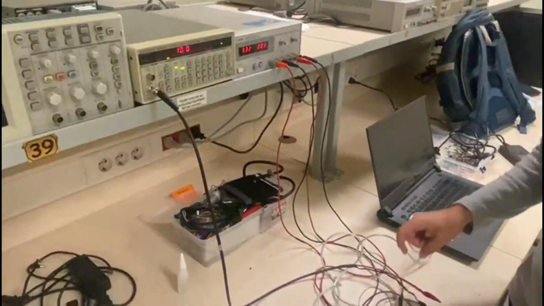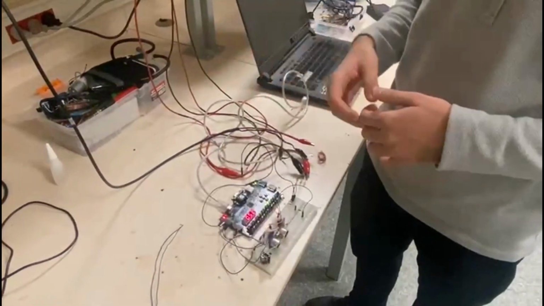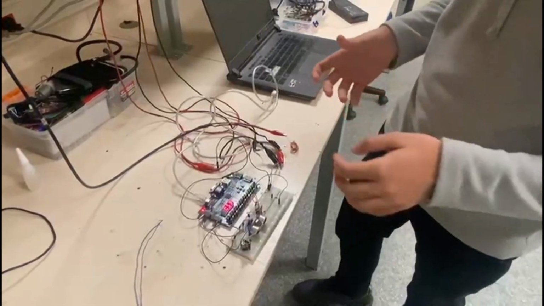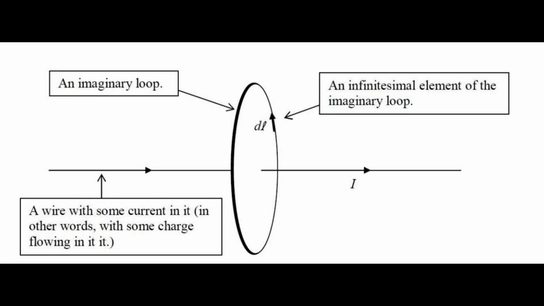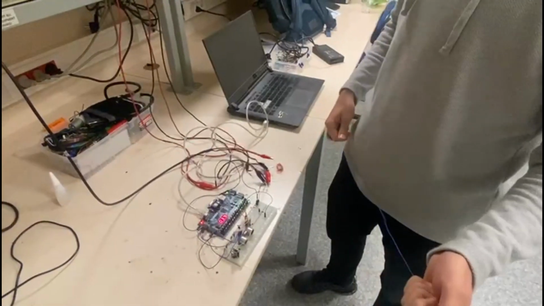The working principle is based upon Ampere's law. What Ampere's law states is that a current going through a wire will produce a magnetic field, and the relationship between this magnetic field and the current can be thought of as an integral.